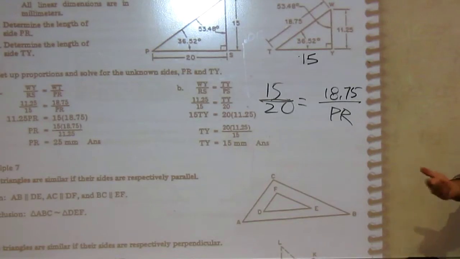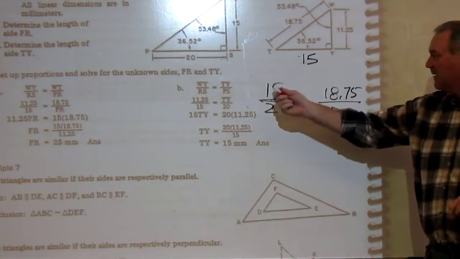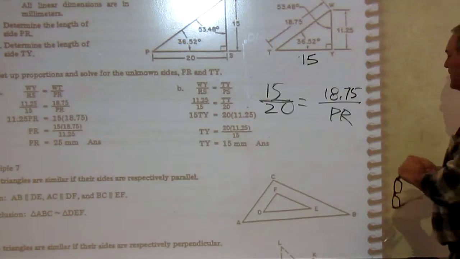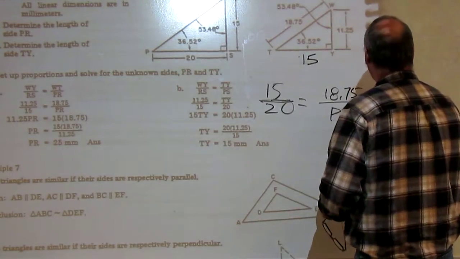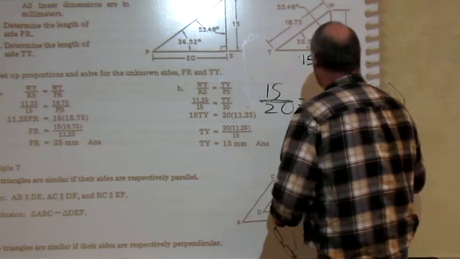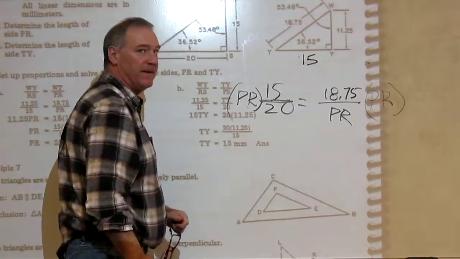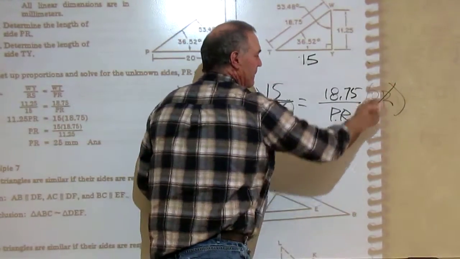So we're going to have a couple more steps. The first thing I've got to do is take this and get it into the top. And the quickest way to do it is to put it over here. So I'm going to times both sides by PR. Whatever you do to one side, you do to the other side. So there's PR and PR. So I'm timesing both sides by PR. This PR divided by PR is 1.